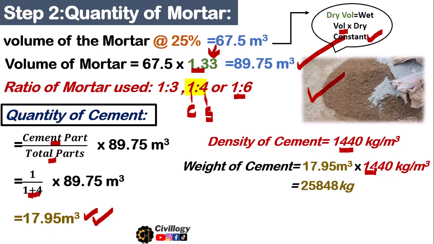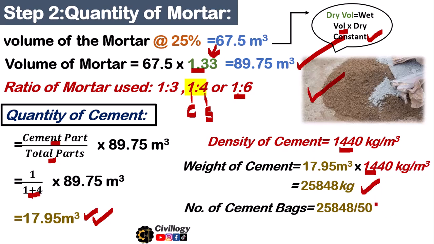Now to convert this weight into number of bags, we divide this value by 50, where 50 is the weight of one cement bag. By dividing, we get the number of bags, which comes out to be 516.96, or you can say 517 bags will be required for this wall.